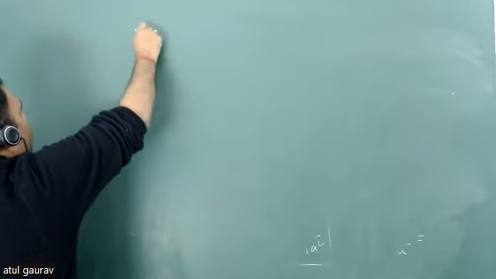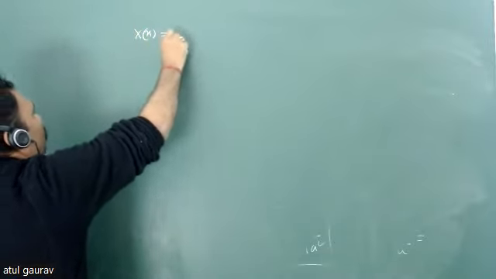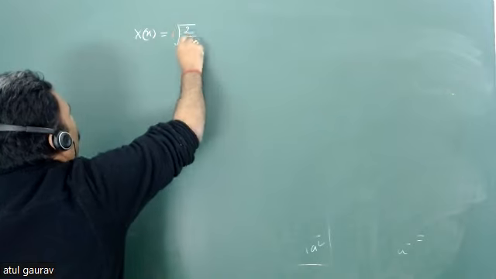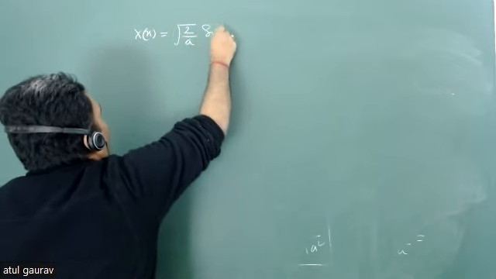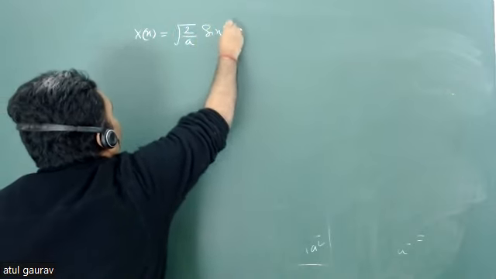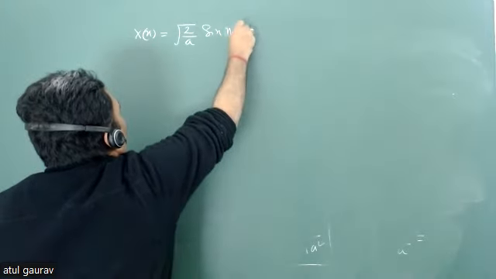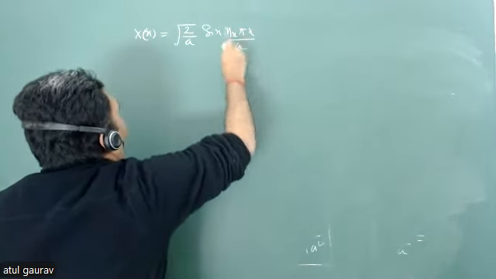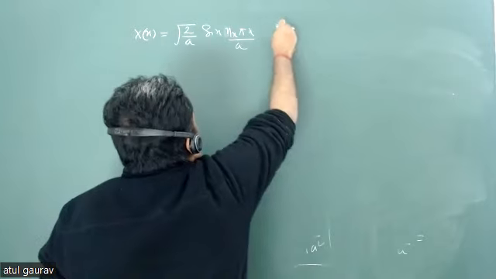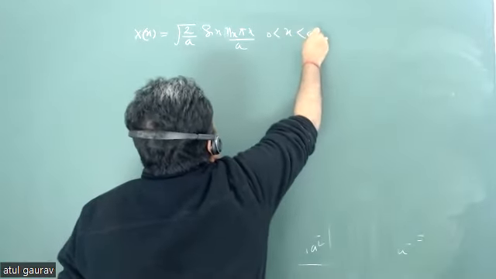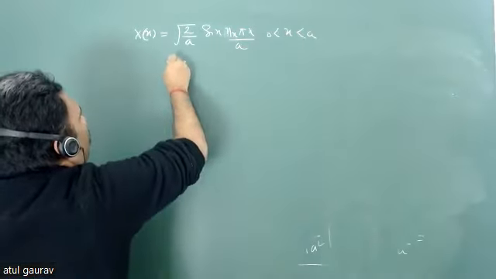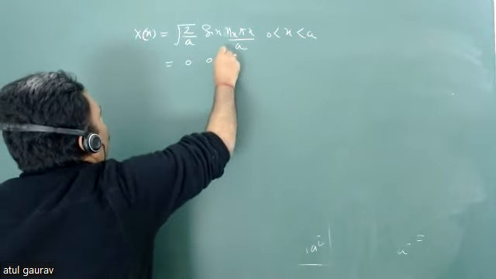So what is ψ(x)? And this is normalized. This will be root 2 upon a sin(nx π x upon a), where x is between 0 to a and 0 otherwise.